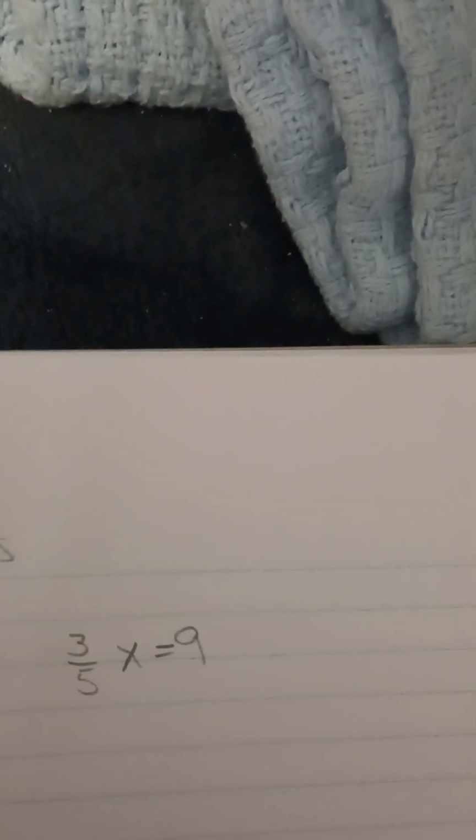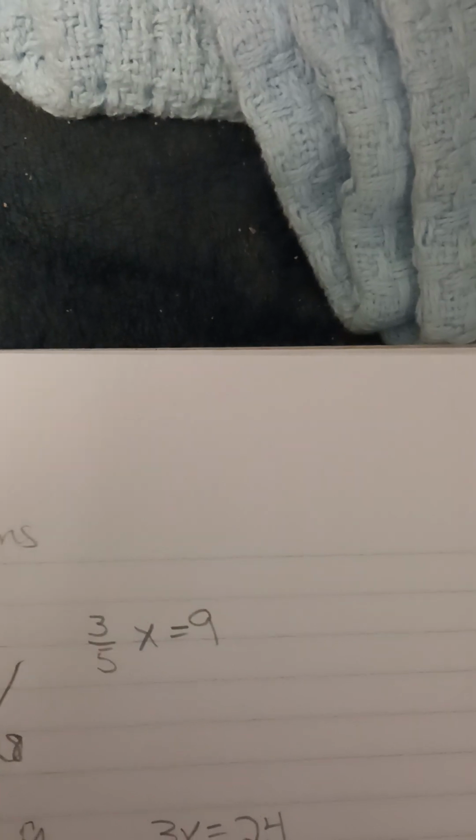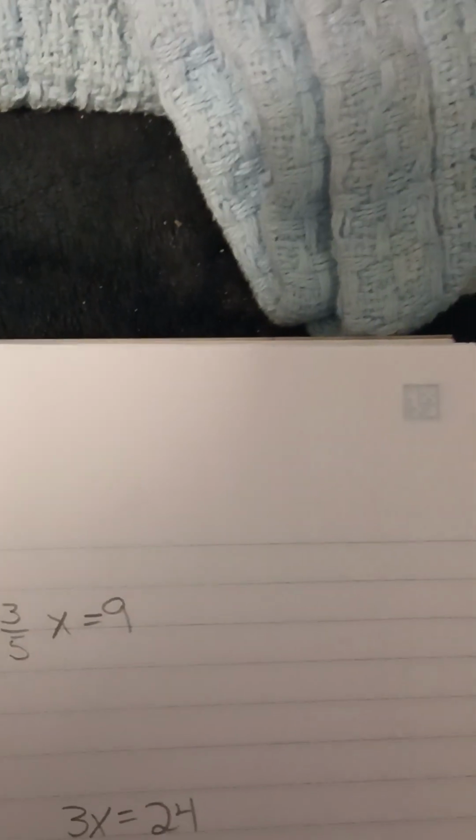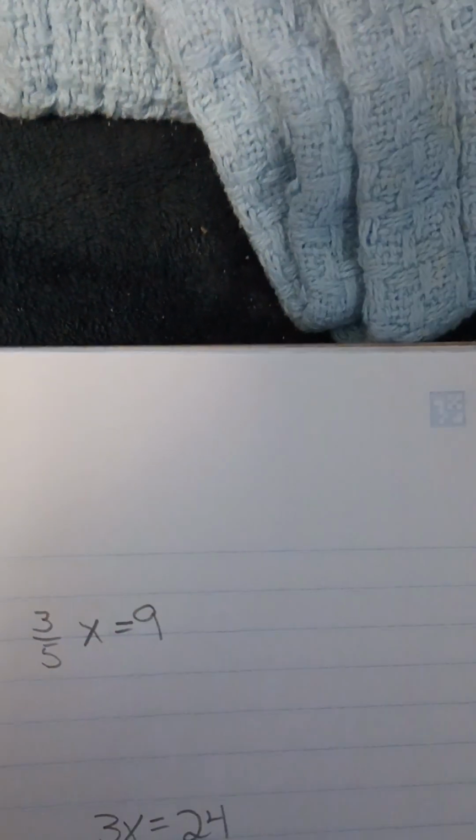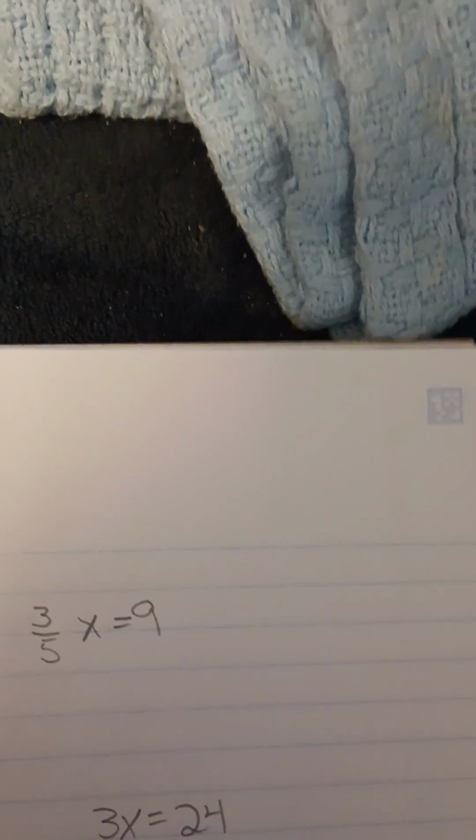Now, here's another one. This might be a little more tricky. We have 3/5 x equals 9. Now our coefficient in front of our variable is a fraction. We're multiplying by a fraction. So how could I make that equal to just x?